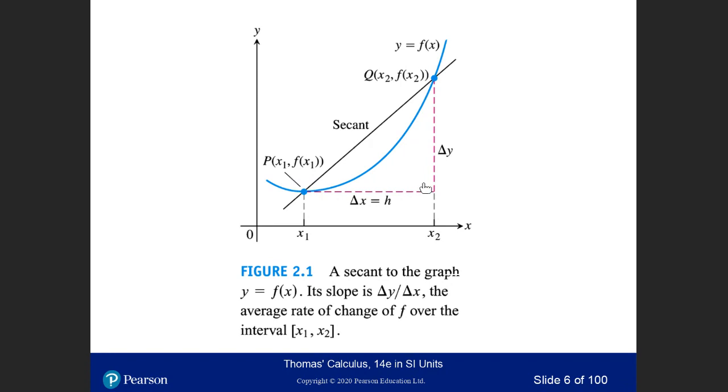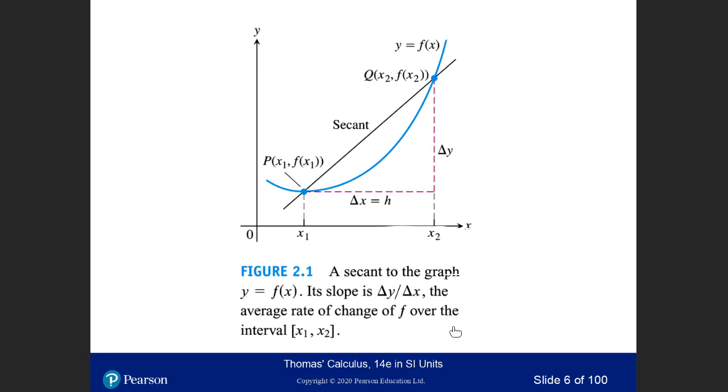Because this is a right triangle here, delta y over delta x is the tangent of the angle between the secant line and the horizontal. So the rate of change of a function between 2 points gives you the slope of the secant line.